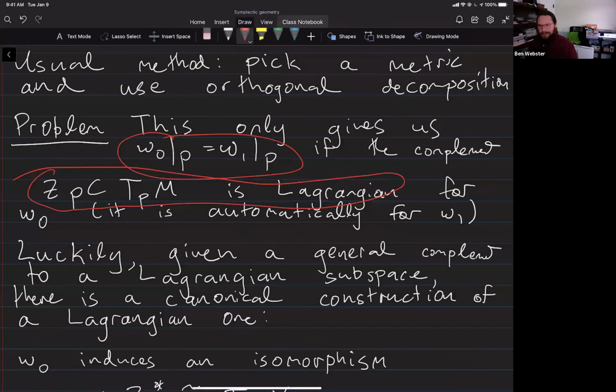It's worth thinking through why that is, but you should at least believe that when I look at T star of X, the zero section is a Lagrangian submanifold, and the fibers are Lagrangian submanifolds. So at a point in the zero section, the tangent space is a direct sum of two Lagrangian subspaces.